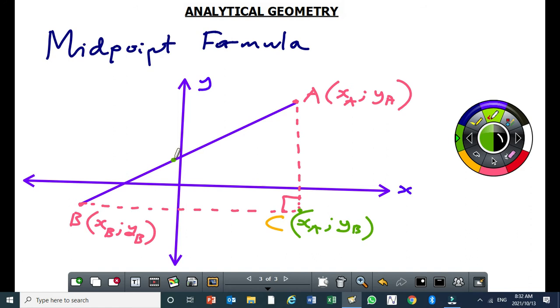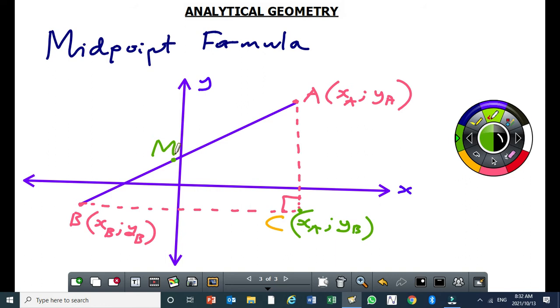Okay, let's say the midpoint of that line segment is there. Now, I'll represent it by M. Okay? It is very much possible to determine the midpoint of that line segment using the values of x and y. That is the coordinates of A and the coordinates of B. So this is how you can do it.